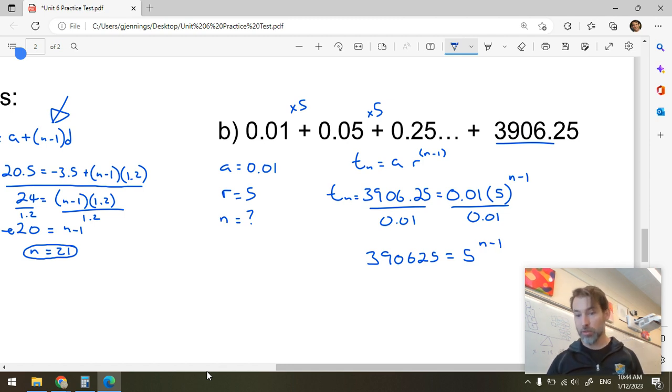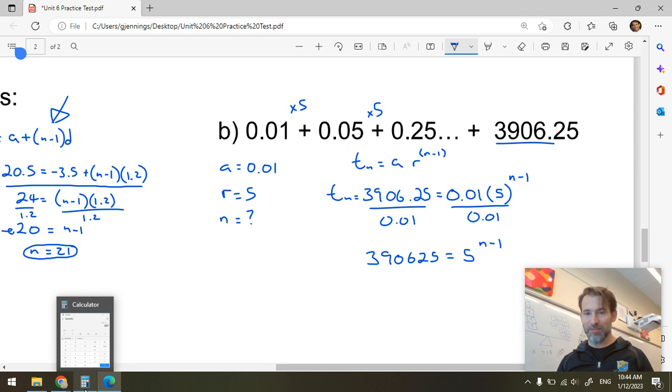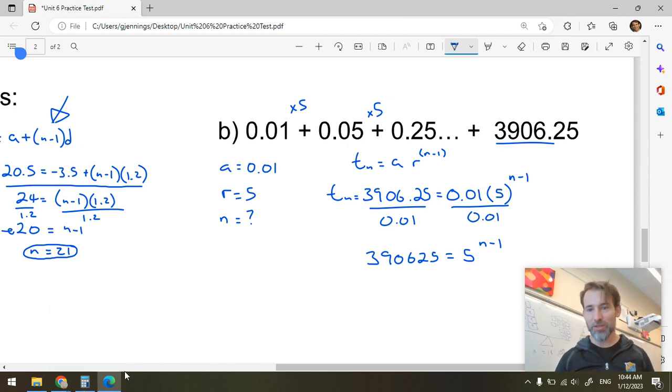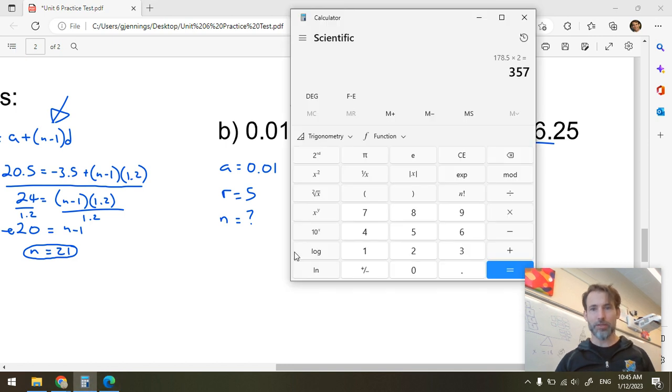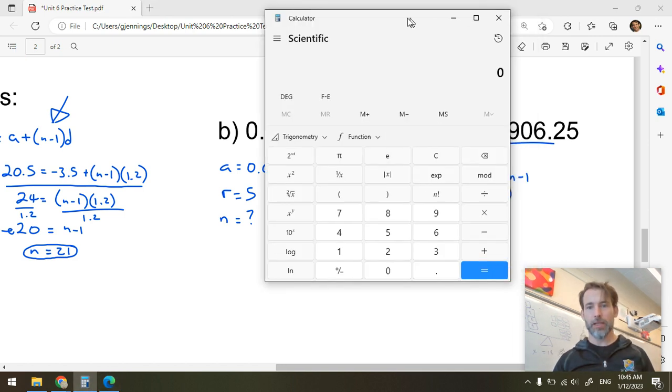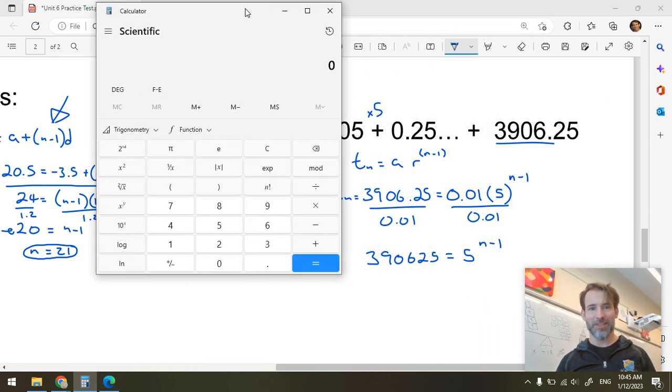And so now we can use change of base. If you don't have your powers of 5 memorized up into the 300,000s, then you can do this, because I also don't happen to remember it either. 5 times 5, that's to the power 2.